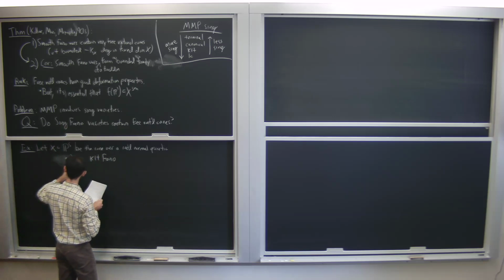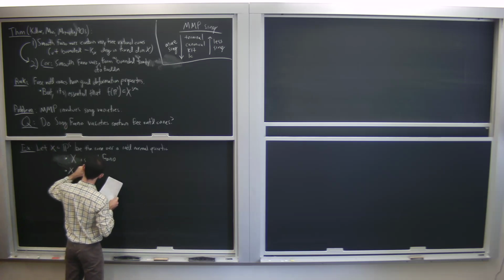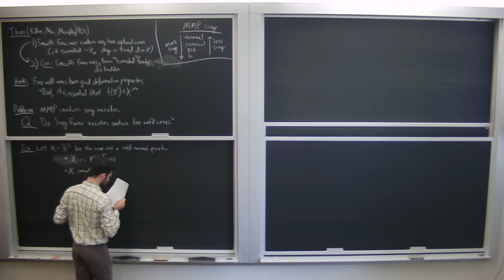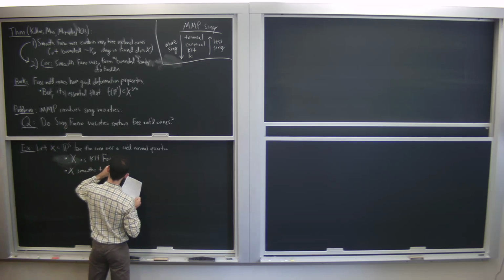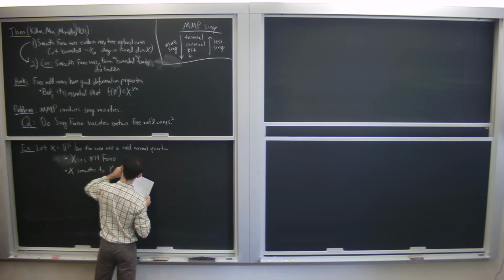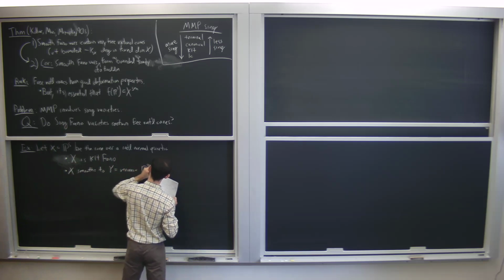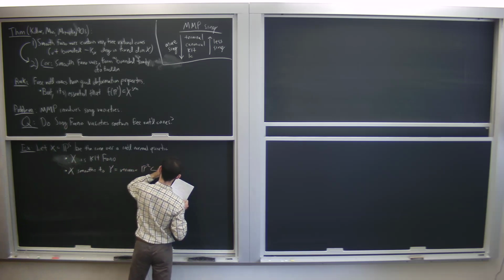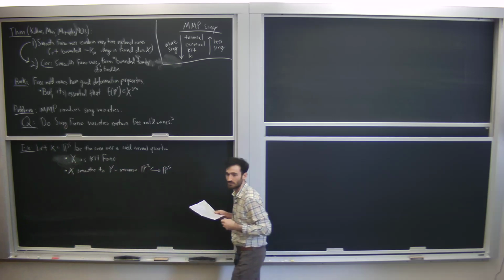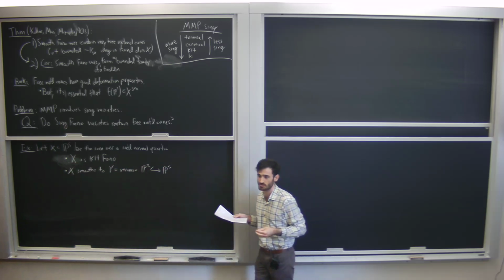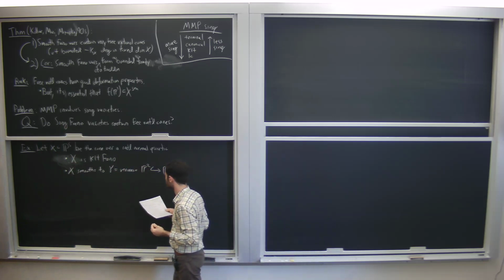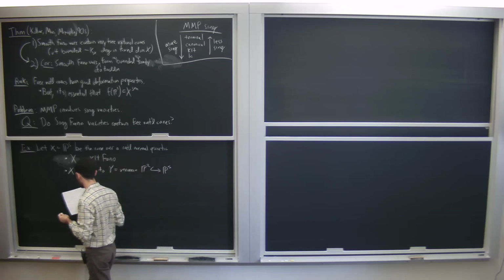And it smooths to Y, which would be the Veronese of P2 into P5 given by the complete linear system of quadrics, right? Or conics on P2.